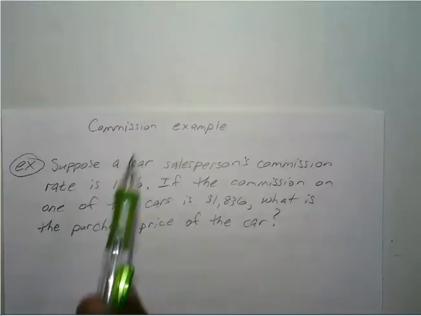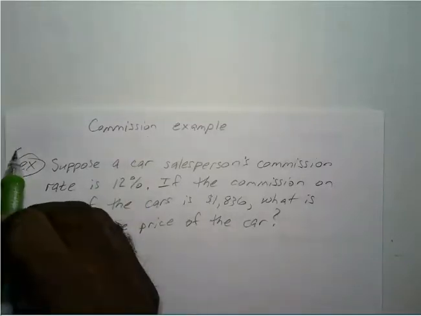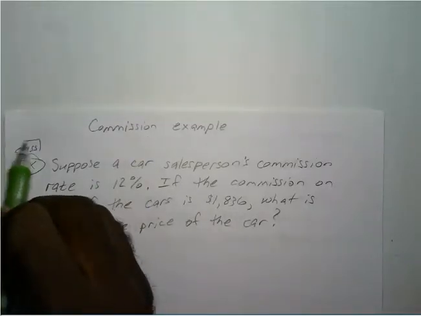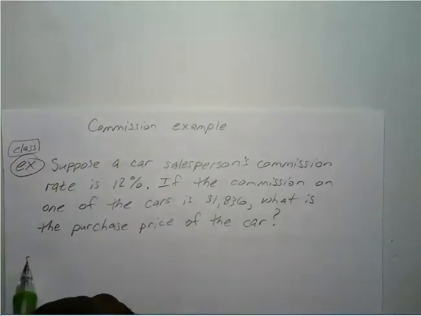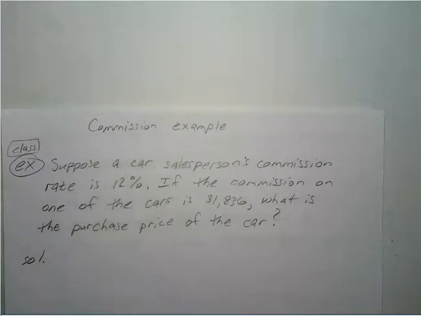All right, so since this is a commission example, I want you to go back and look at your commission formula and plug it in, and I want you to press pause and solve this one on your own. All right, so assuming you've already pressed pause and worked this one out, let's go ahead and verify your answer.